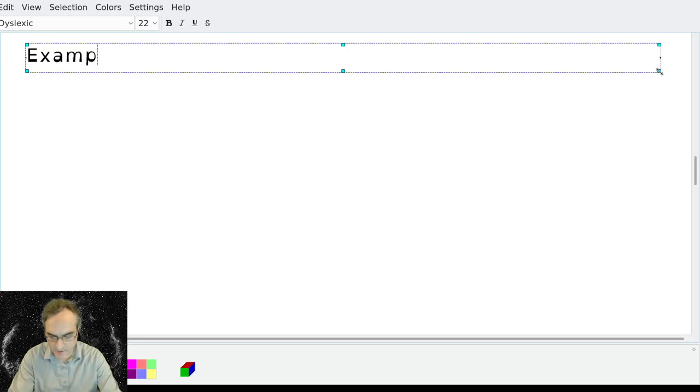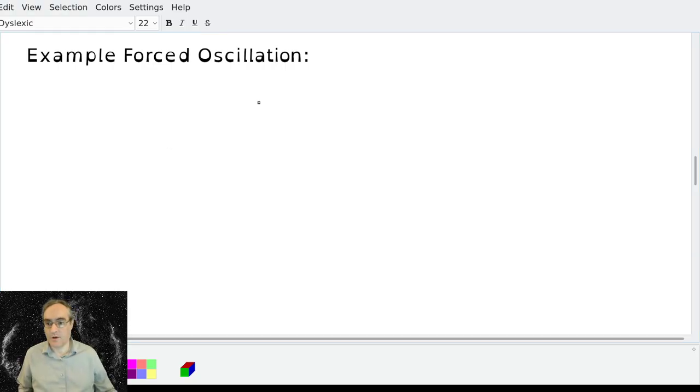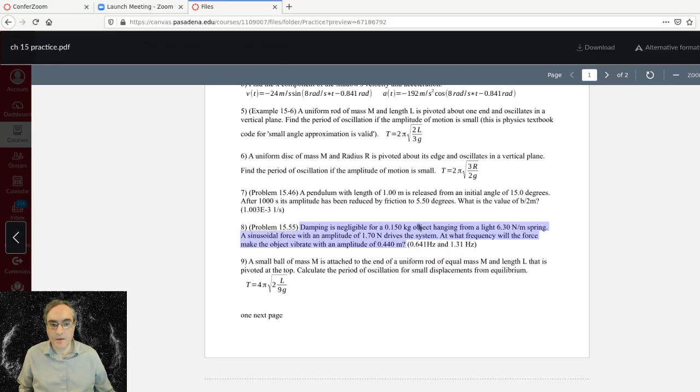Okay, example, forced oscillation. So let's pull up the problem. It's going to be this one. Damping is negligible for a 0.15 kilogram object.